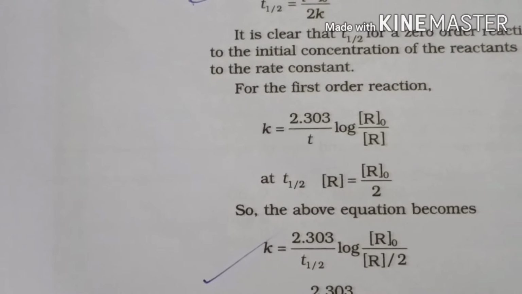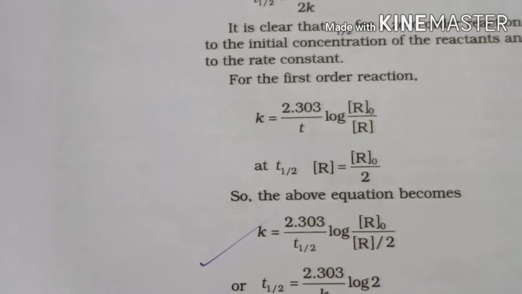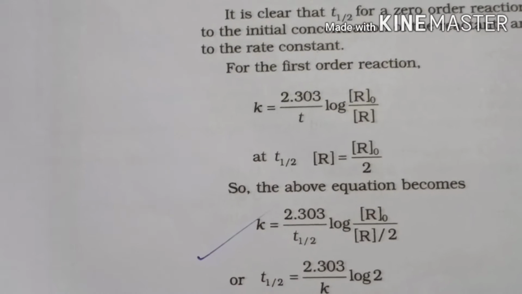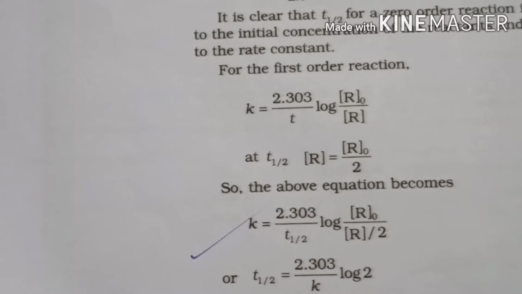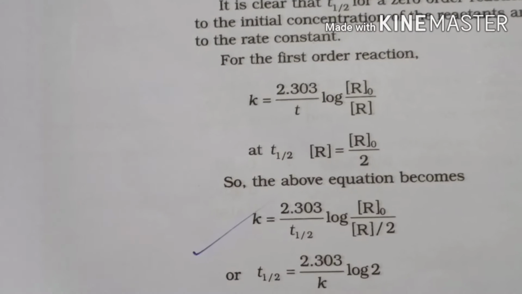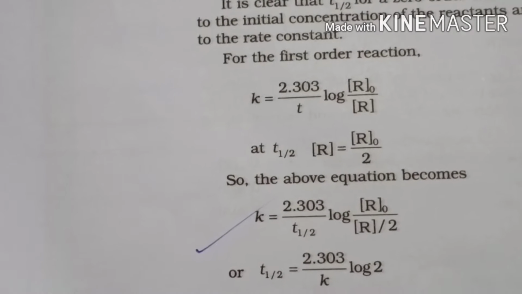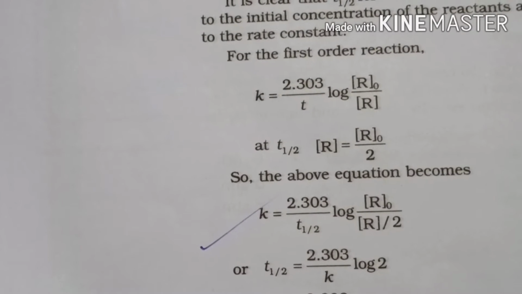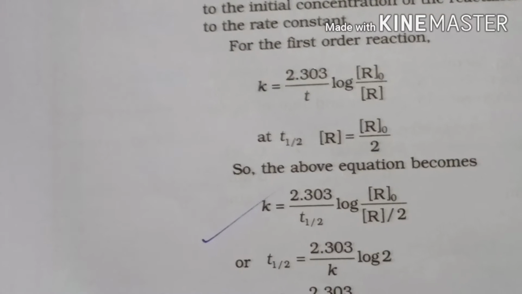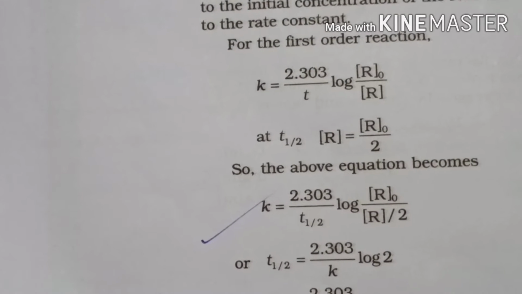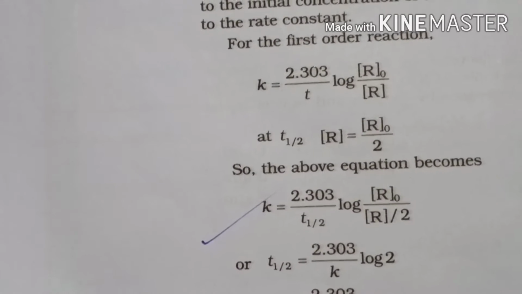For the first order reaction, K equal to 2.303 by T log of R naught by R. When T equal to T half, concentration of R equal to R naught by 2. So let us substitute this in the equation. K equal to 2.303 by T half log of R naught by R naught by 2.